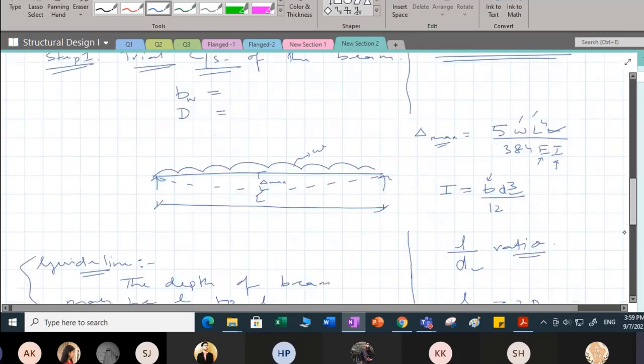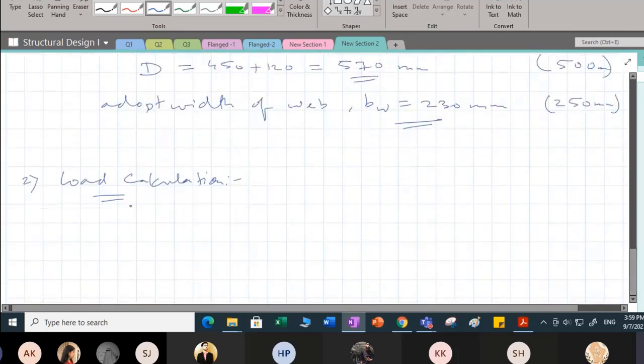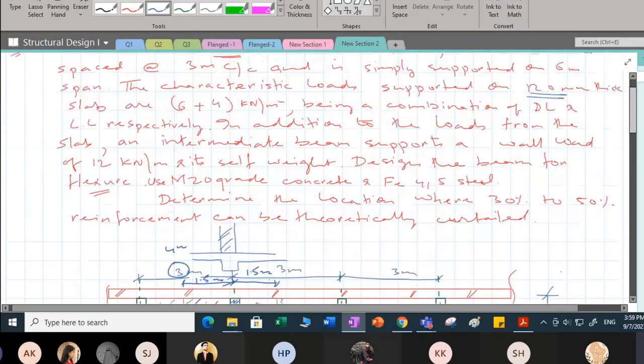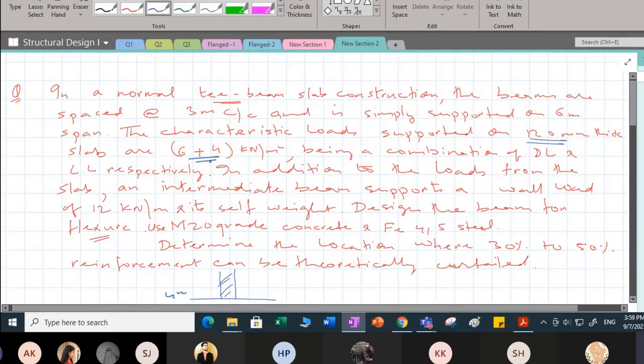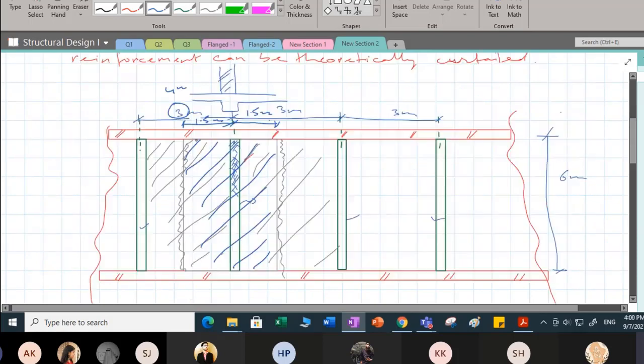Okay, so what I'm going to do is the load calculation. First I'll do what is the load from the slab. What is the load which is going to come from the slab? In this slab, what was the load? It was given as 6 plus 4. 6 is the dead load, 4 is your live load. What is the total dead load which is acting on the beam from the slab?